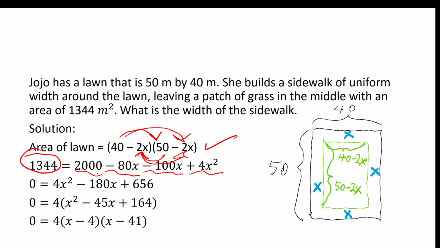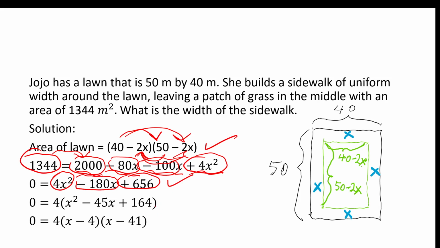Okay, so now on the left-hand side, we've got 4x squared. We've got negative 80x minus 100x, so that's negative 180x. We had plus 2,000, but now we subtract 1,344, so we have plus 656. And so we can say 0 is equal to 4x squared minus 180x plus 656.